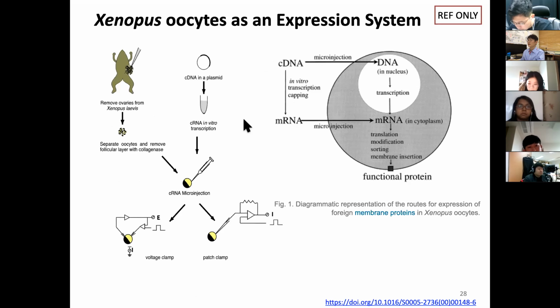So this is an example: Xenopus oocyte, and you can have a cDNA, complementary DNA, microinjected and expressed on the surface as those specific channels. You can do voltage clamp with this huge egg cell, and you can do patch clamp for this. This is a little detail, so that you can study specific ion channels with this model system.